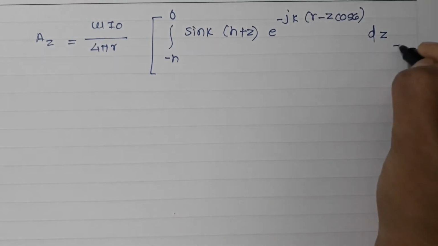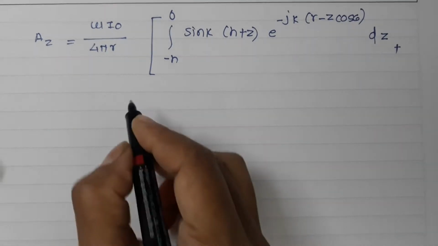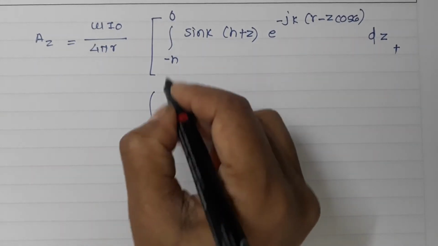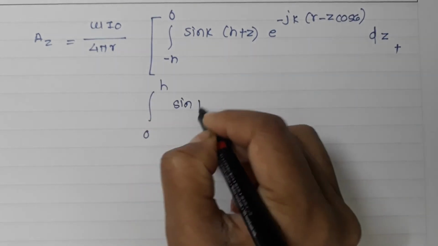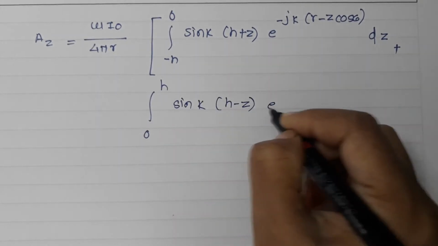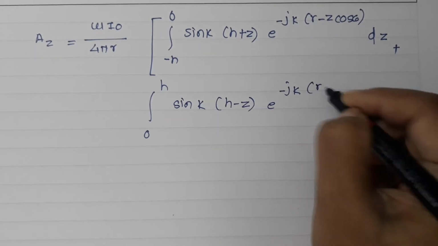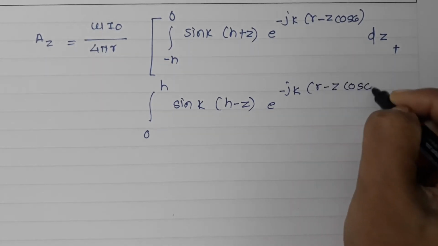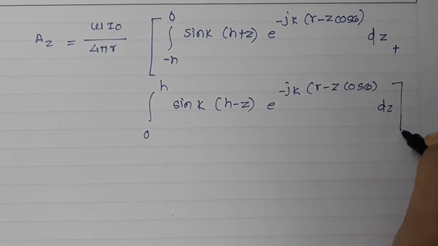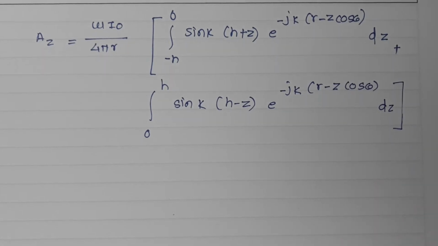And the second split which we used is the integration from 0 to h of sin k(h minus z) e raised to minus jk(r minus z cos theta) dz. So here I have completed the integration part.